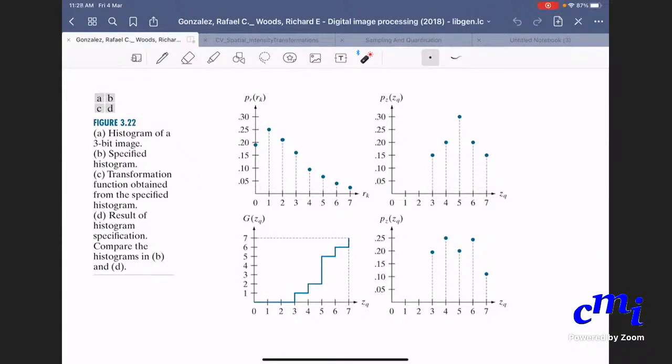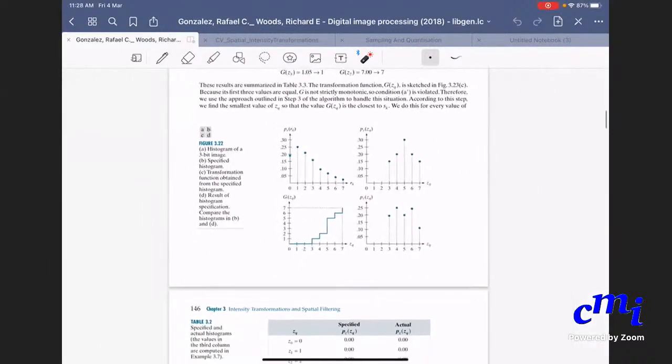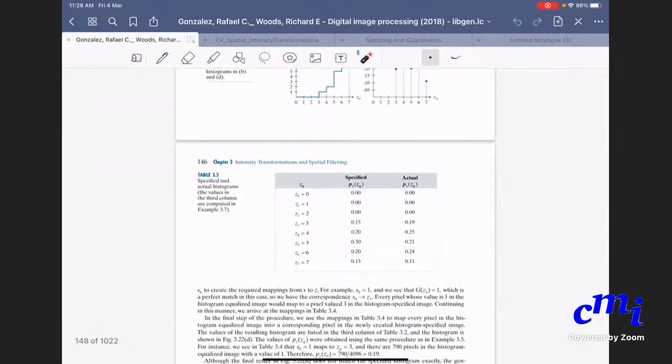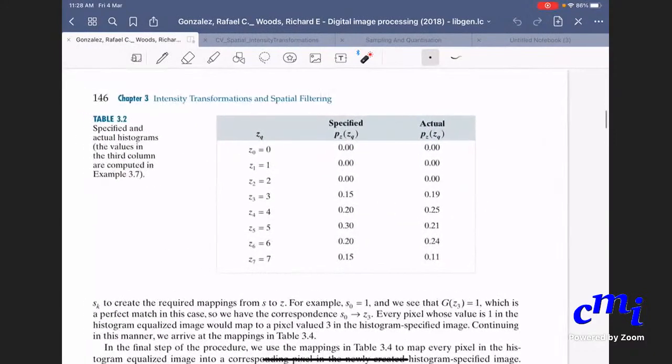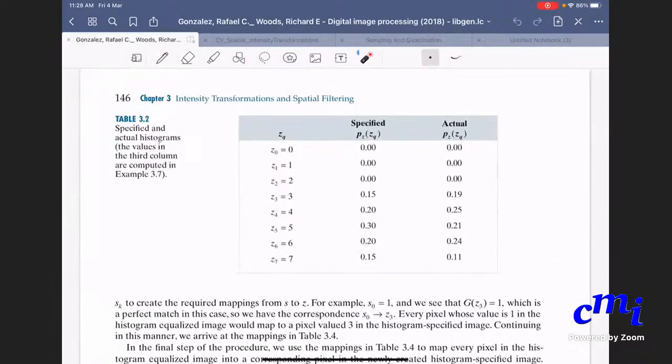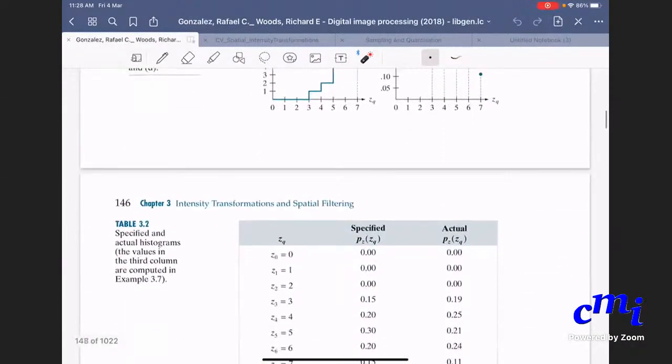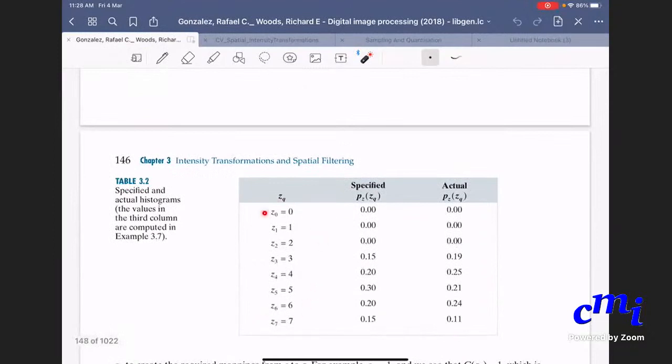So the table. This is the specified histogram. The values of zq, of course, will be from 0 to 7.